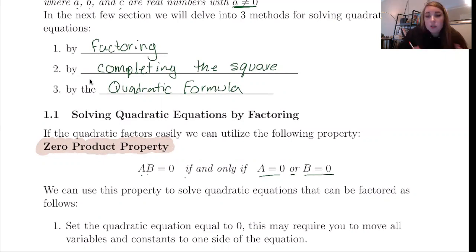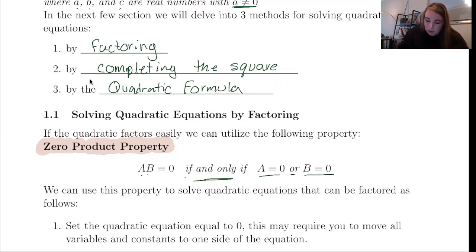If 2 things are multiplied together, or any number of things, at least one of them has to be 0. That's the only way that is possible. An if and only if statement is a really big deal.